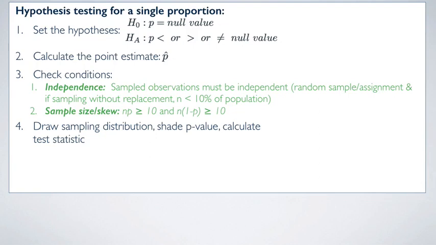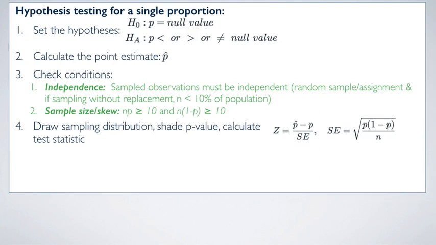The test statistic is always of the form observed minus null divided by the standard error. That's observed sample proportion p hat minus the null value p that comes from the null hypothesis divided by the standard error. And we calculate that standard error as the square root of p times 1 minus p over n.